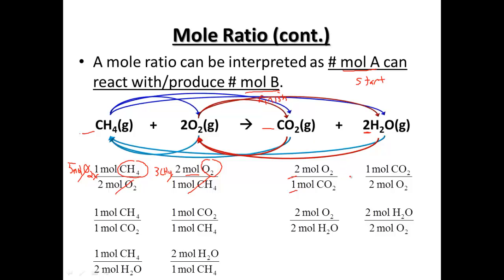So you could see our mole-to-mole conversions between those two. Depending on who's on top and who's on bottom, it's still equal to each other. And finally, to finish out, CO2 and H2O: our CO2 to H2O is a 1:2 ratio.